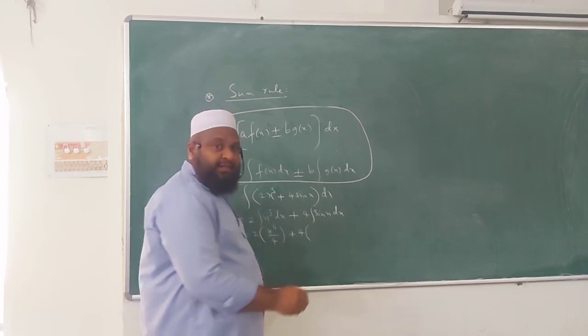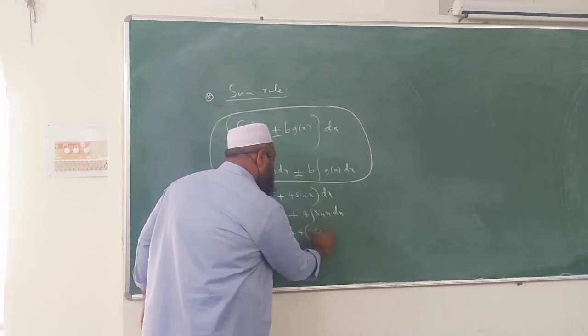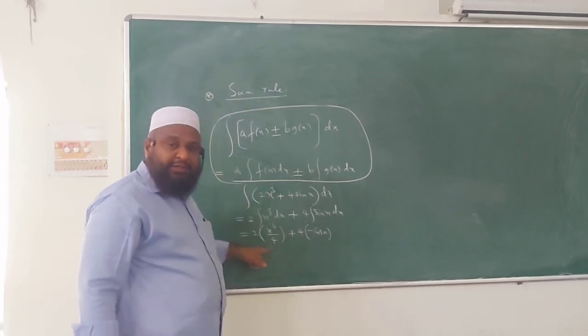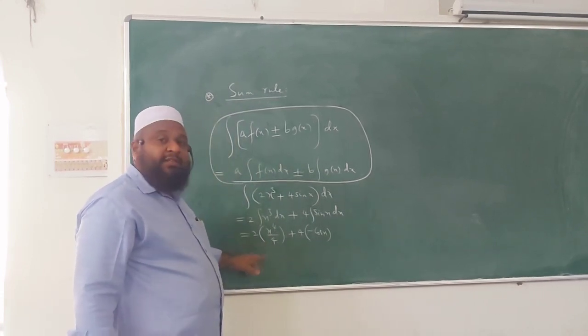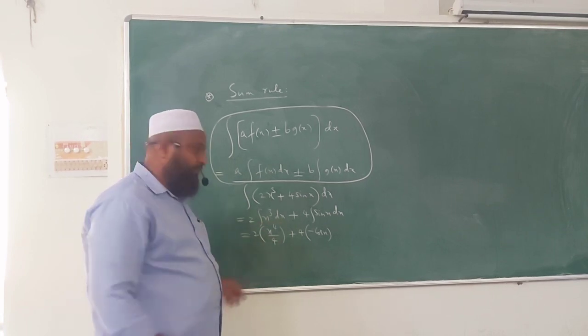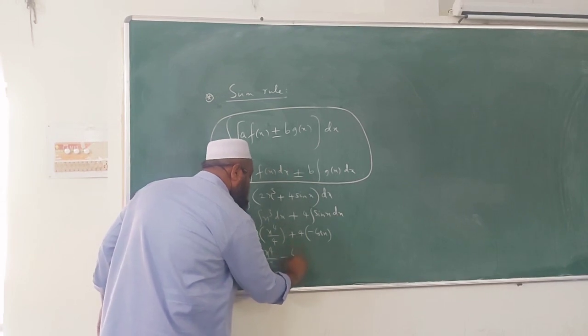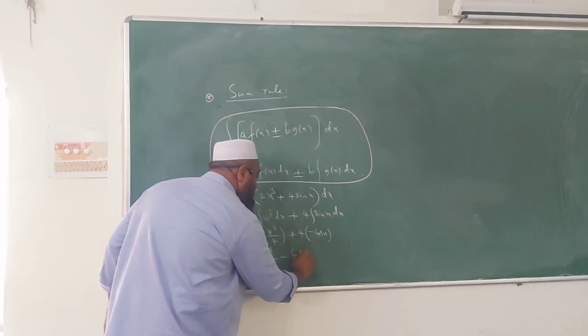Minus cos x. So in this complete expression you can cancel 2 and write the next step as x to the power of 4 by 2 minus 4 cos x.